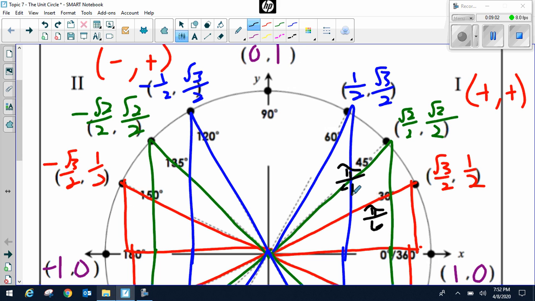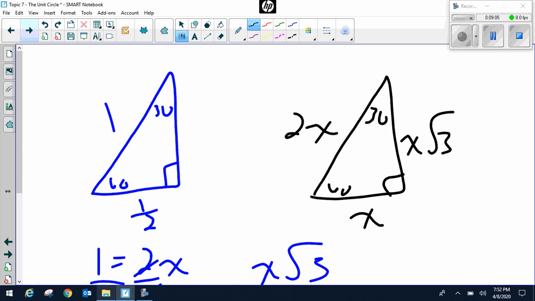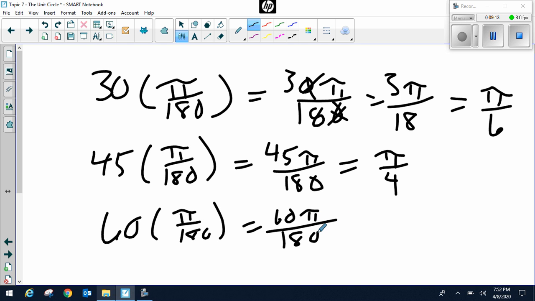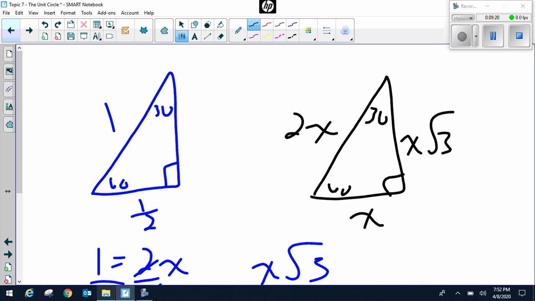And then 60 would be 60 pi over 180, which is 6 pi over 18, which reduces to pi over 3. 60 is pi over 3.